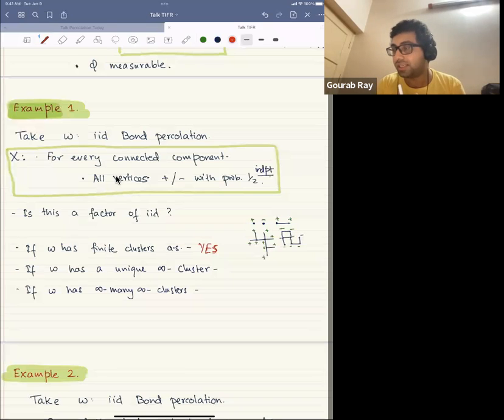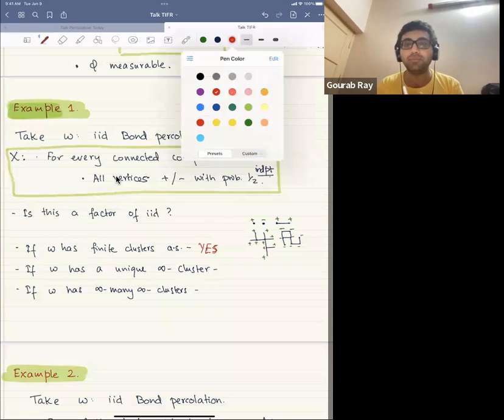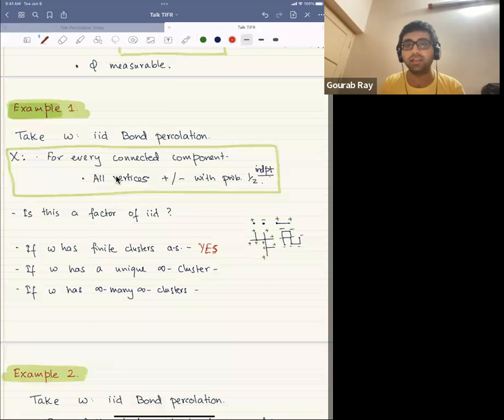Just assign IID uniform 0,1 random variables on the vertices, and on your finite cluster, pick the one which is, let's say, the highest value, and also assign IID plus and minus on every vertex, and give the cluster the sign which is associated with that uniform 0,1 random variable with the highest value.